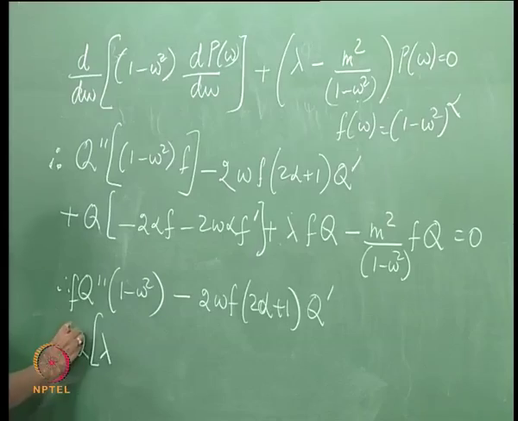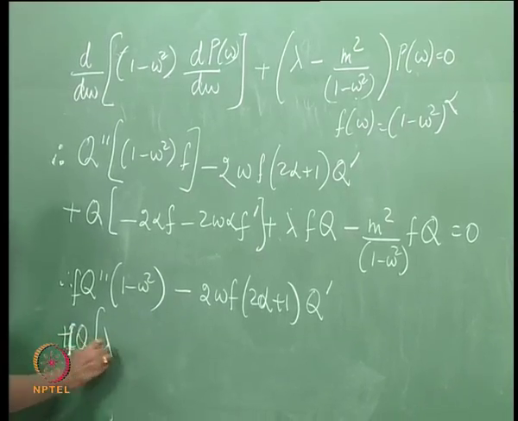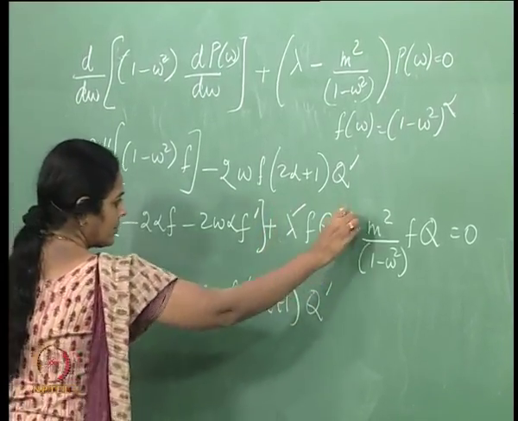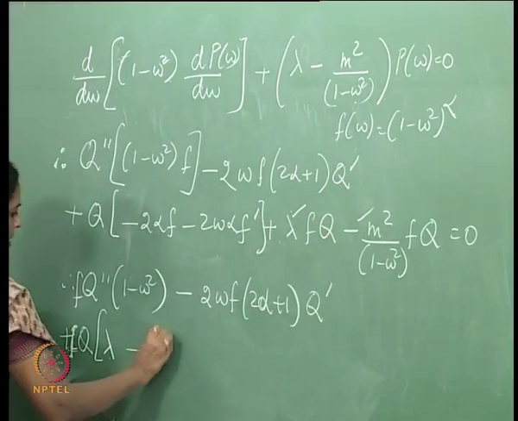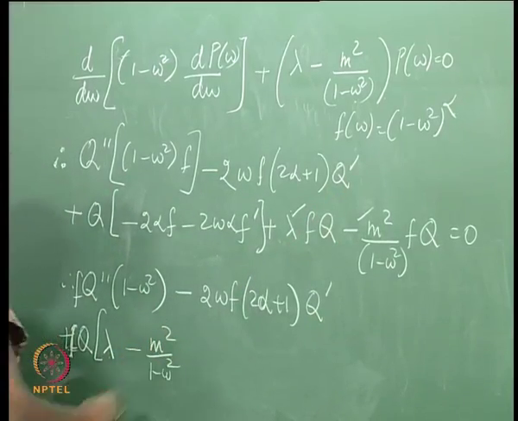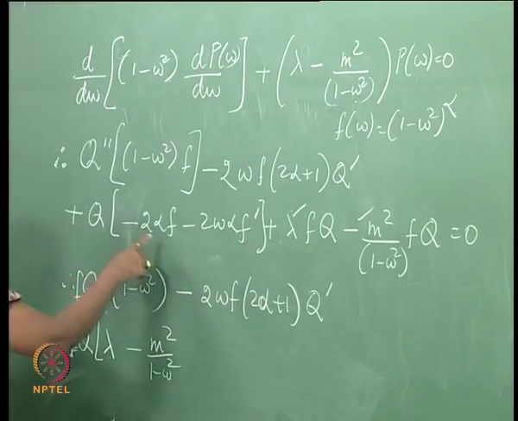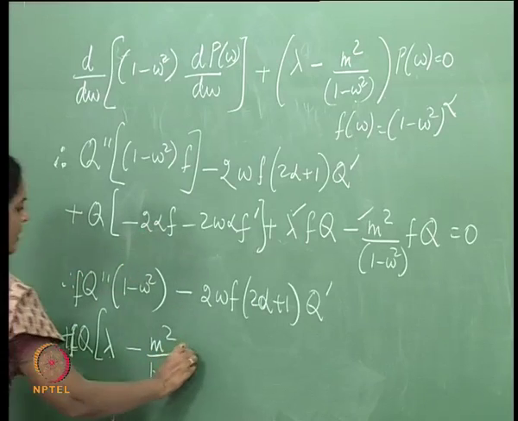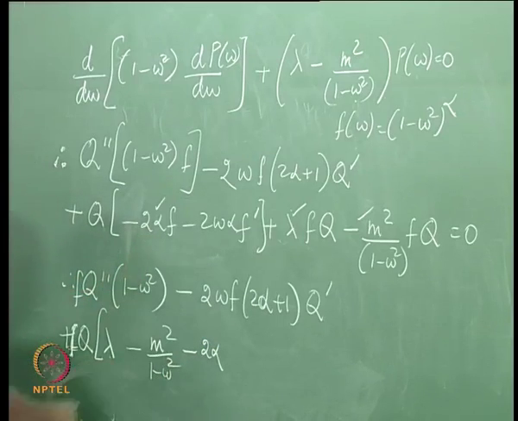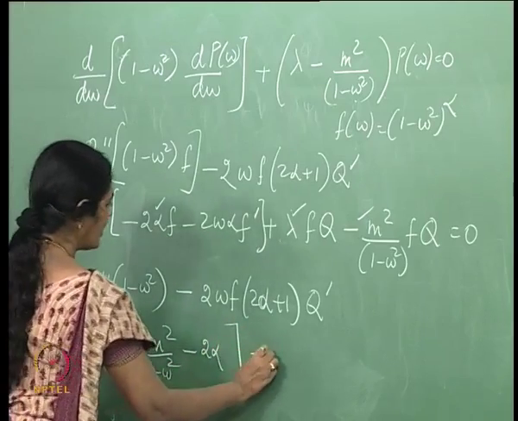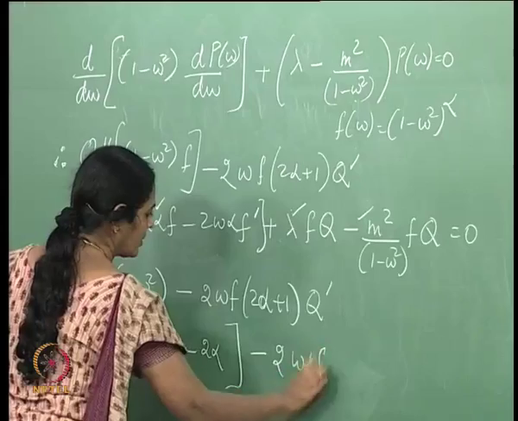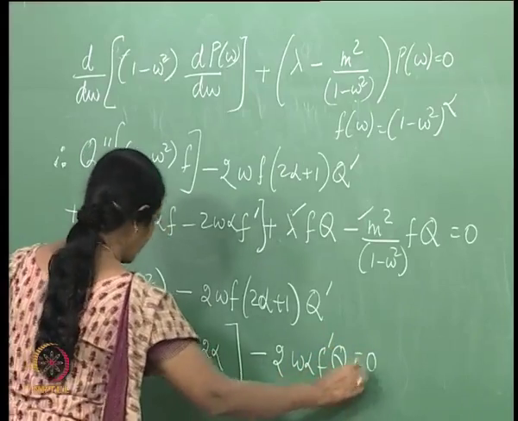So f q, if I pull that f out, that gives me a lambda minus m² by (1 − w²). So that's already there. And then I have a −2α f q and a −2wα f prime q equals 0.